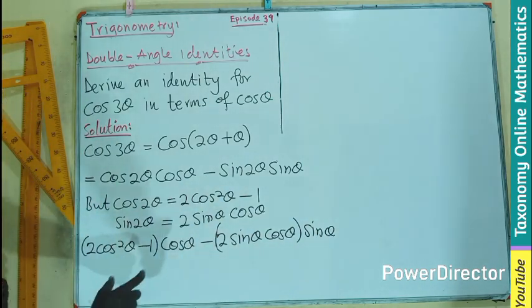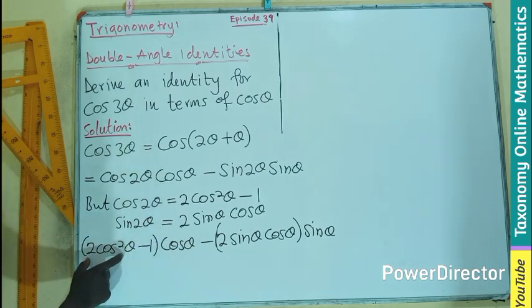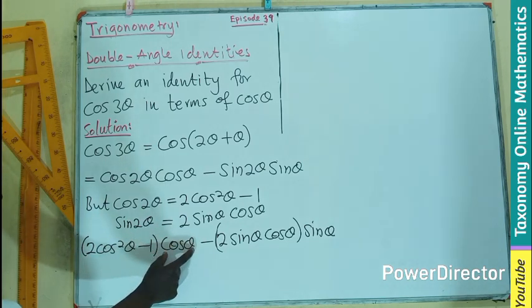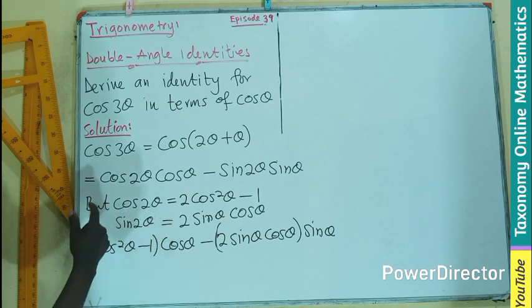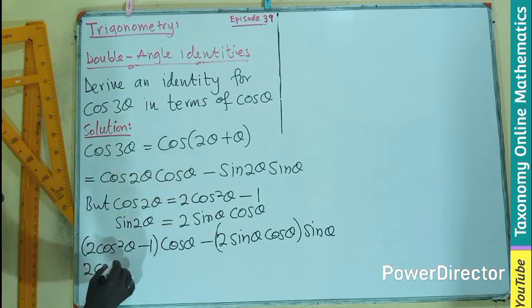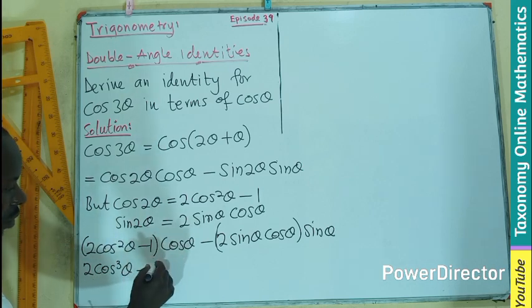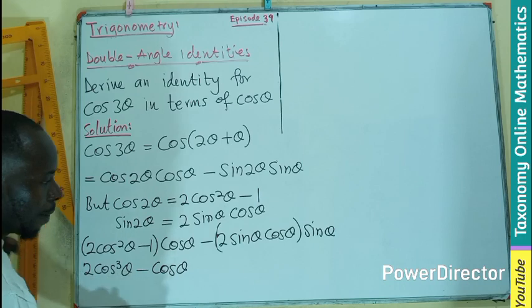Let's expand. The cos theta will multiply here and here. So 2 cos squared times cos will give you cos to the power 3. So I will be having 2 cos to the power 3 theta minus the cos of theta.